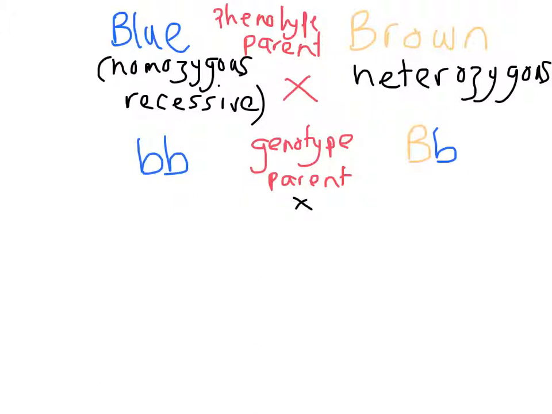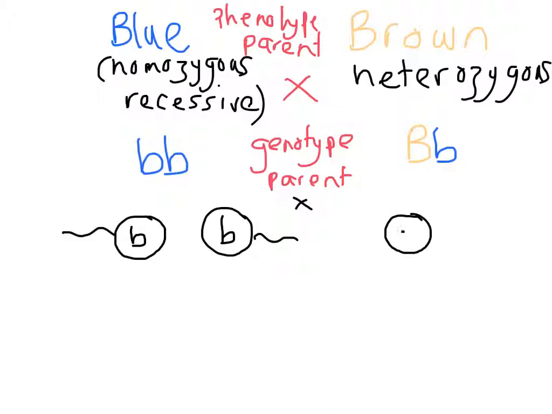Okay, so we now want the gametes. Well, the gametes for this parent, say this was dad, is either going to carry a lowercase b or a lowercase b, so it's going to carry a recessive allele, where the mother's gametes are either going to carry a dominant allele or a recessive allele.